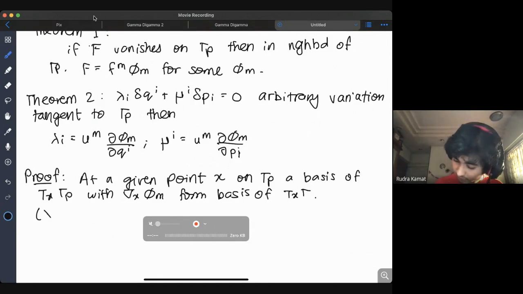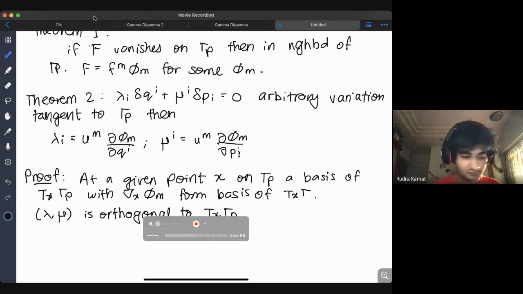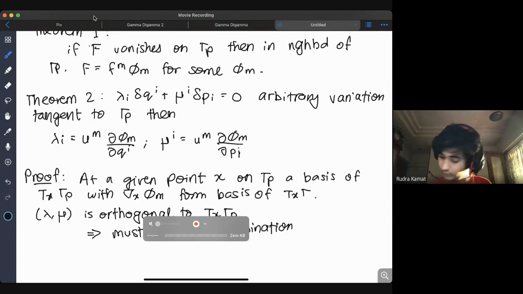and that means this pair lambda comma mu is orthogonal to T_x gamma sub p. Hence, it must be a linear combination of the gradients of phi.